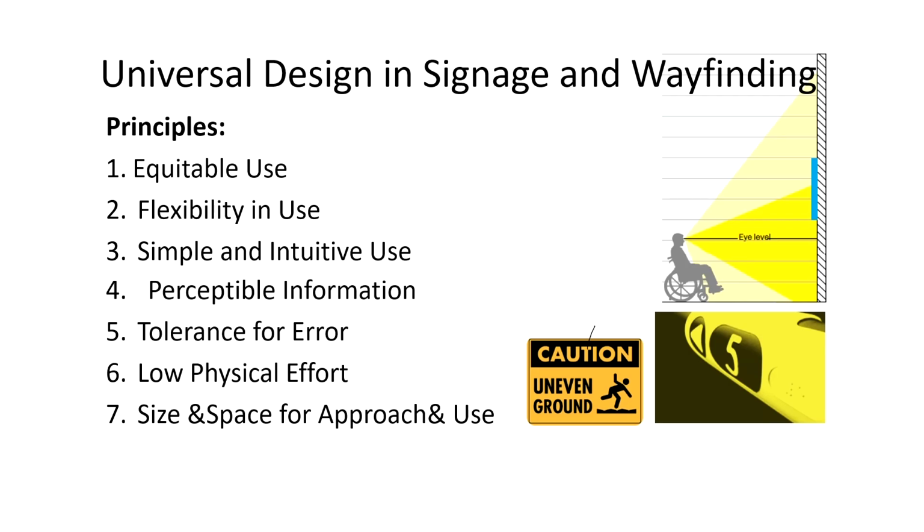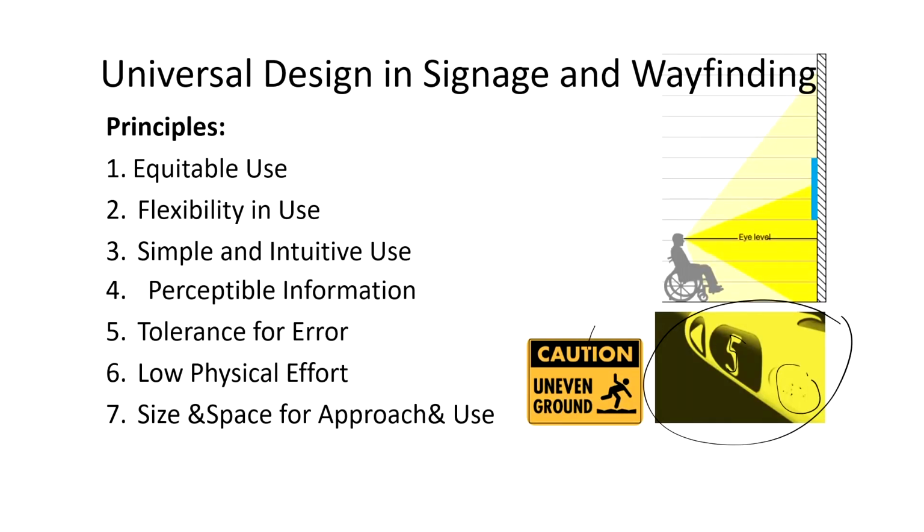For example, providing both visual and tactile signage options in public areas allows users to choose the format that best suits their needs, catering to diverse preferences and abilities. If you see the signage over here, this says 5th floor, and here there is braille, which makes it usable for both the normal user and accessible people.